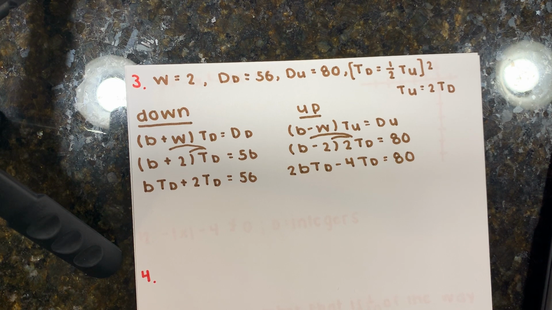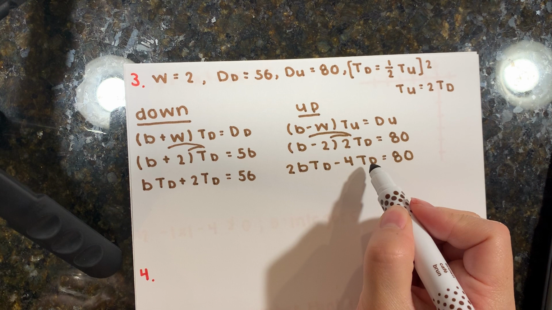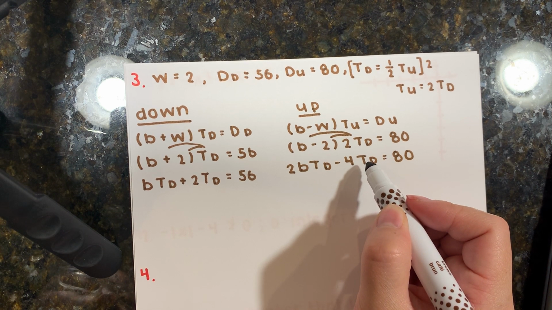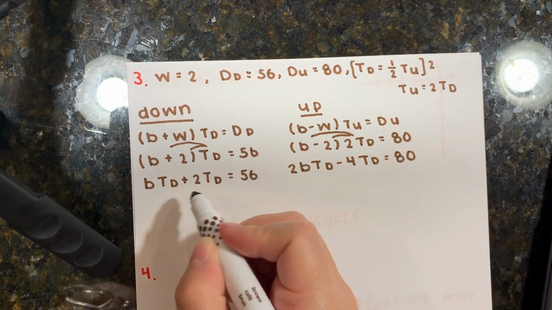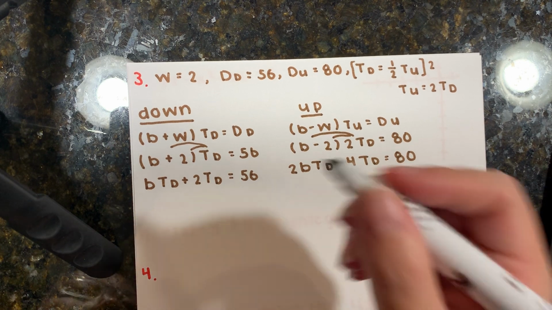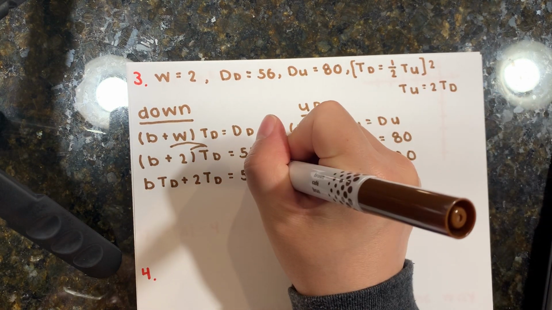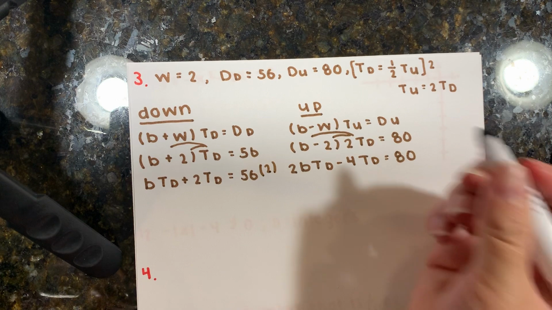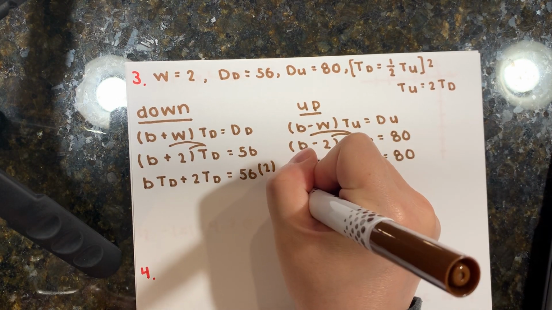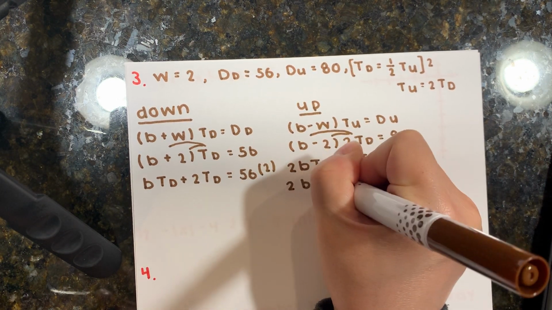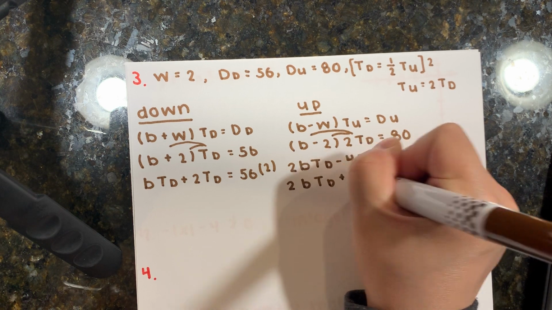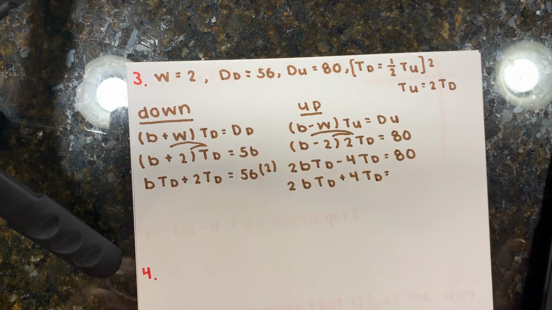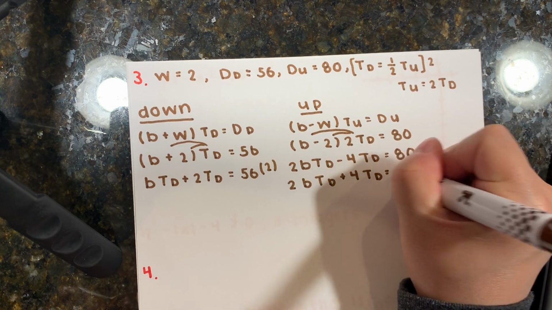So now what I'm going to do is eliminate the TD or the BTD, it doesn't matter which one. If I multiply this equation by 2, I would get 2BTD plus 4TD equals 56 times 2, which is 112.